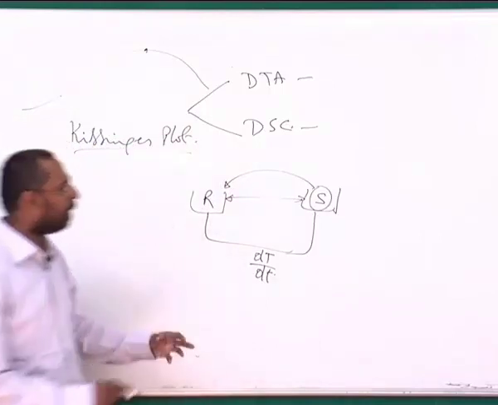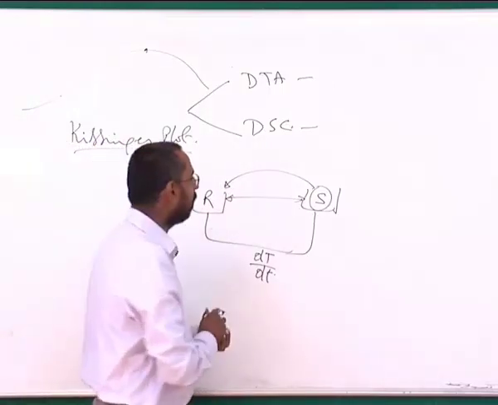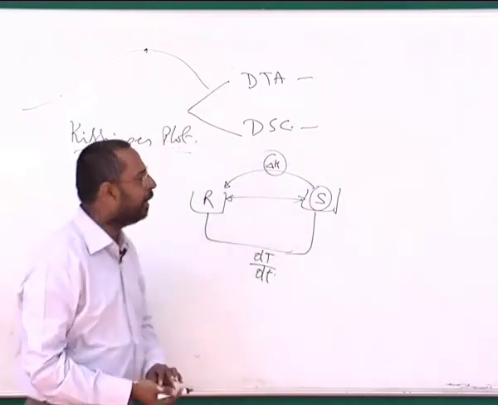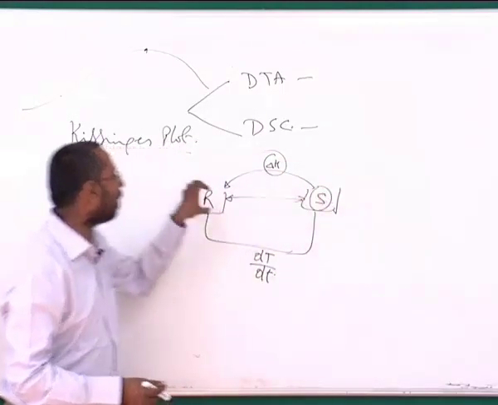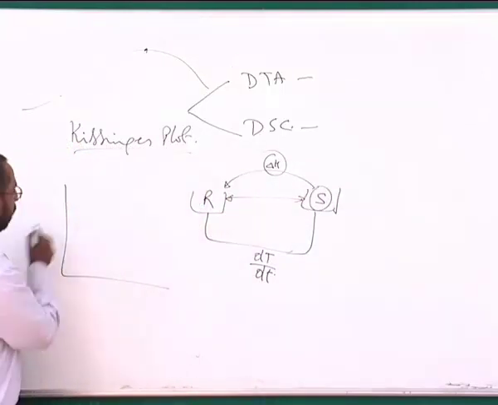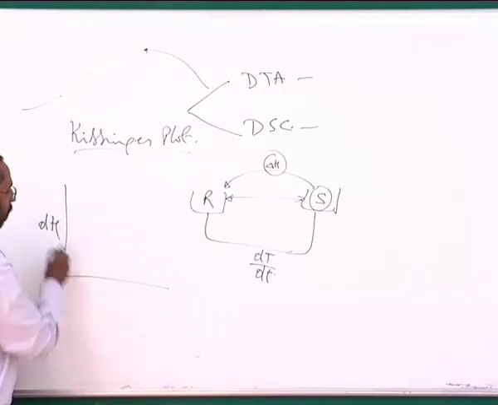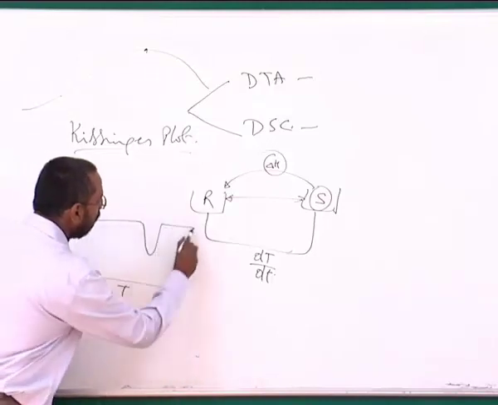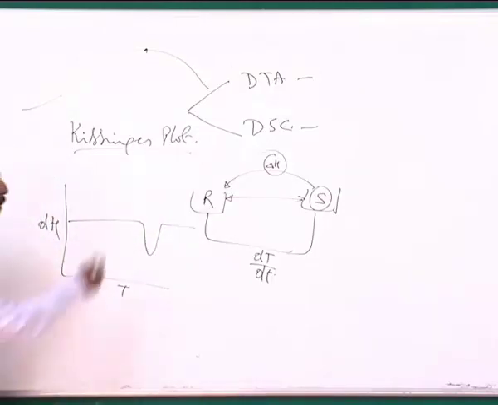So instead of the temperature difference, I am measuring the enthalpy that needs to be provided to maintain the sample temperature similar to that of the reference. And now what I plot here is not delta T, but dH versus T.